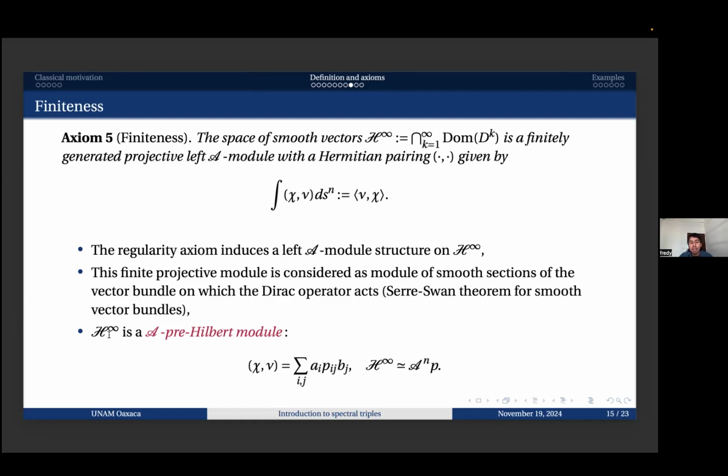And here the non-commutative integral is involved in this equation. There is also a big story about this non-commutative integral, and a long discussion about the definition of this Hermitian pairing, but because of time we cannot talk about it.